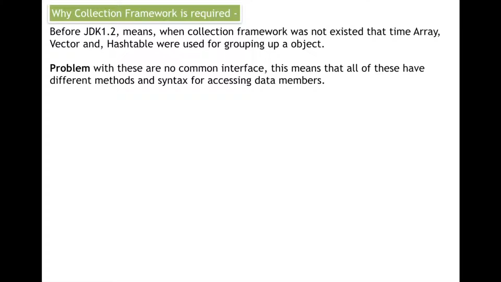Before JDK 1.2, we used the native data structures, that is array, vector, hash table. But here was the problem with these data structures: they don't have any common interface. So for accessing data, for manipulating data, for doing searching and sorting operations, all data structures have their own different methods.